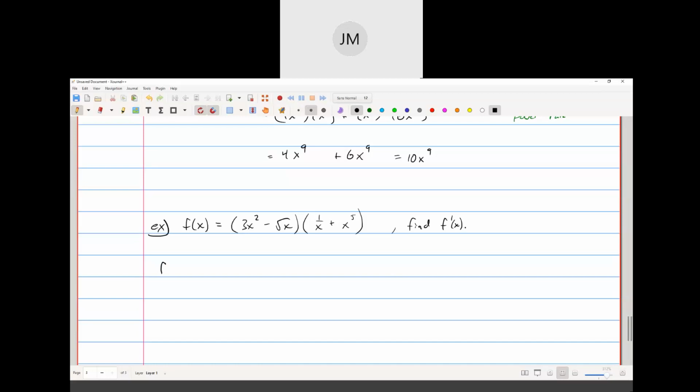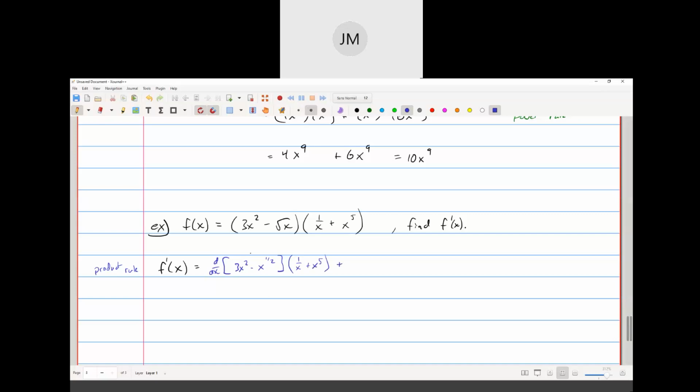Okay. So, using the product rule, we're going to get the derivative of the first piece. And what I'm going to do here, as I'm rewriting it, instead of writing this as the square root of x, I'm going to rewrite it as x to the half power. Okay.